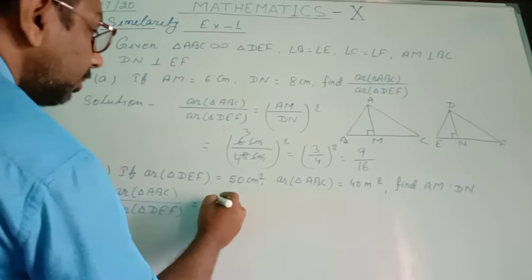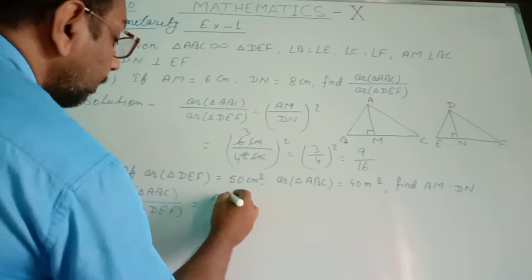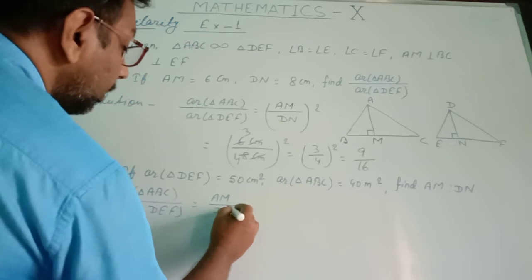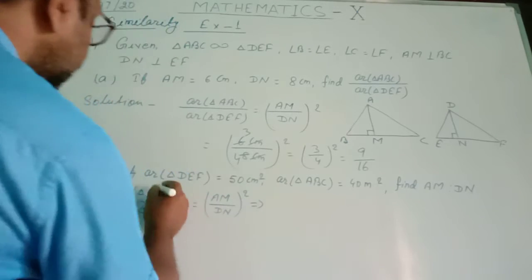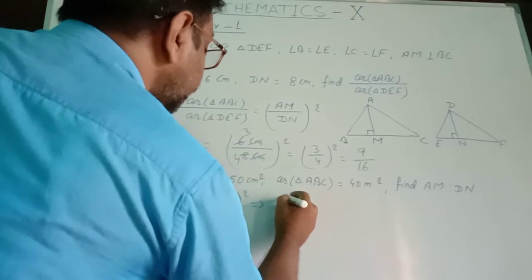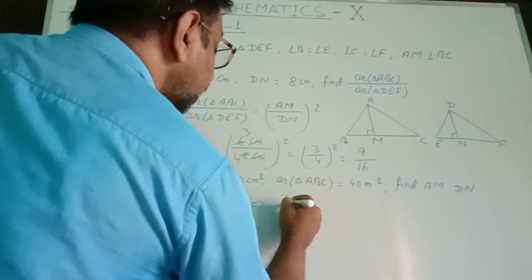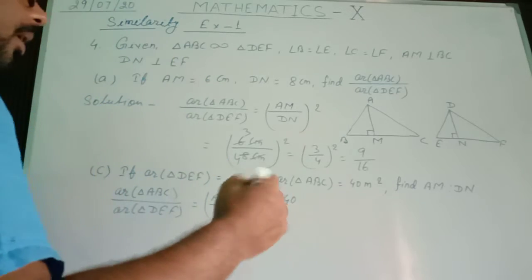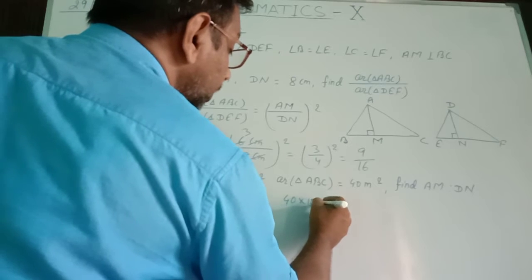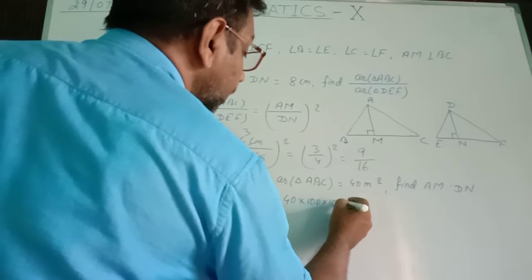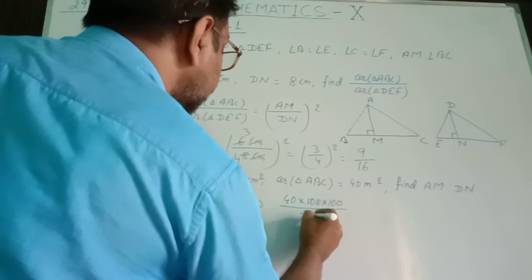that is equal to AM by DN whole square, implies that these two values we have, ABC is 40 meter square. 40, if you want to change into centimeter square, then this will be 100 into 100 by, this is 50.